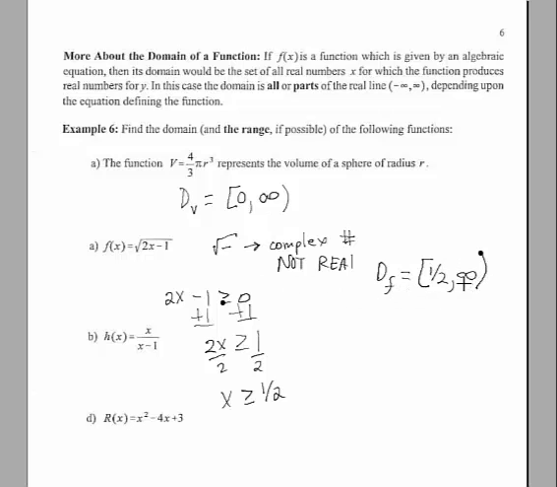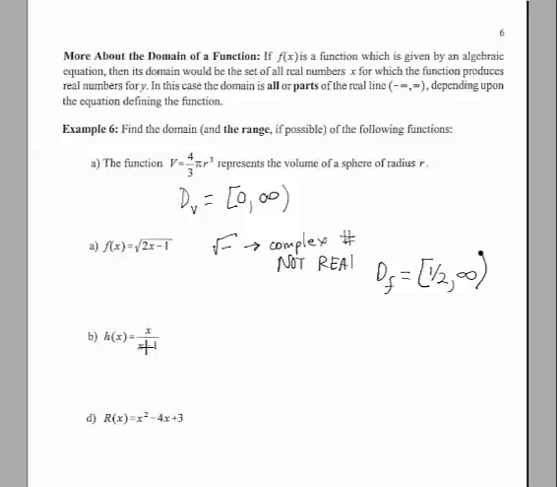If we put any of these numbers into f, we'll get a real number back. So this is one special case that you need to look out for. A square root or a fourth or a sixth root can restrict the domain of your function.